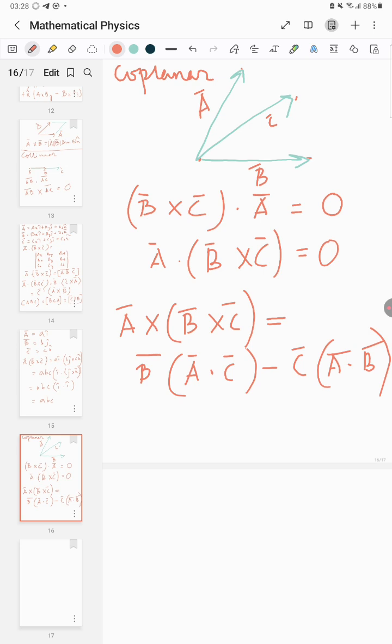What it basically represents is, it actually doesn't represent any volume. So B cross C has a direction perpendicular to the plane containing B and C, right?